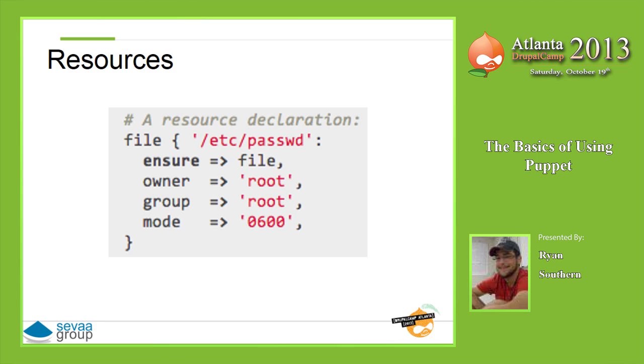Really anything to do with your server you can manage with Puppet. But this is how the resources are defined. That's the file syntax, and there's actually a complete list of all the resources that you can have on the Puppet Labs documentation website. I believe that's later in the PowerPoint if you want to write it down.